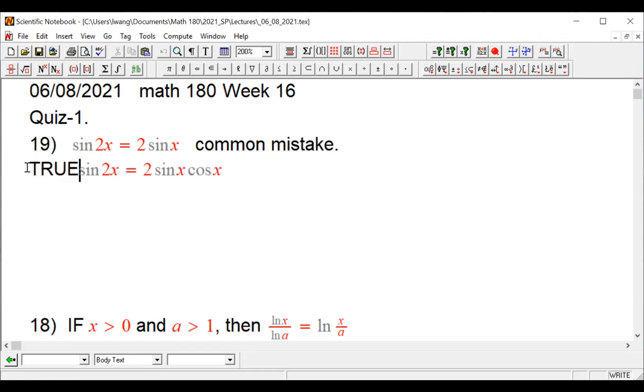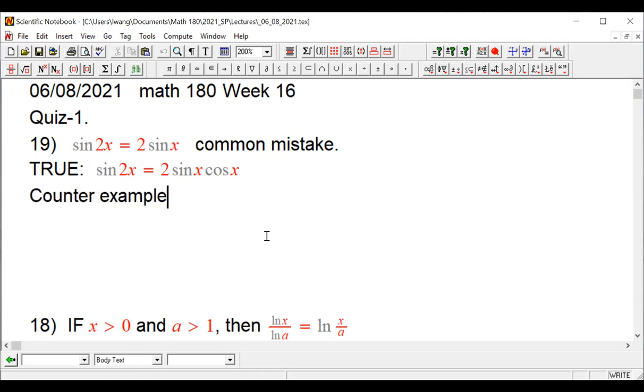This is a truth, being proved. This is a common mistake. Okay, do we have a counterexample for it? So we really will never make such a mistake.